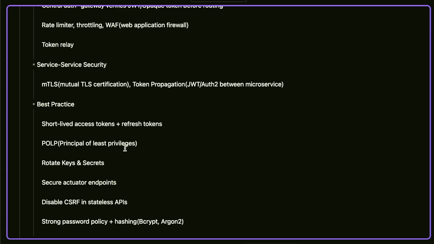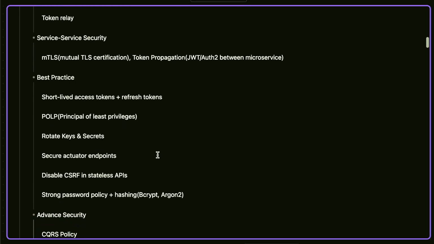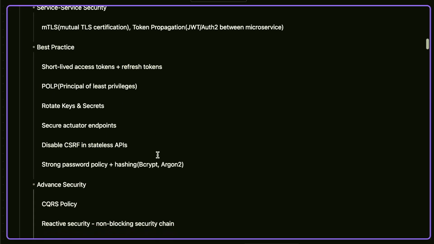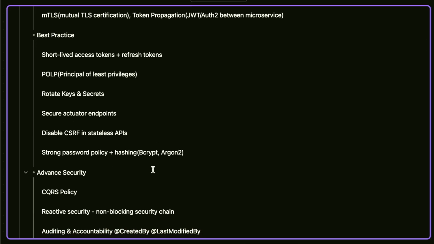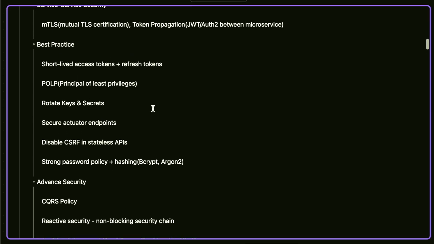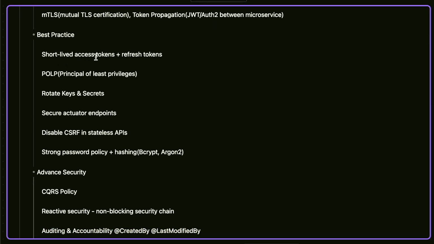token between microservice. Let's look at some of the best practice that we need to keep in mind while creating any Spring Boot application. We have to create short-lived access token with refresh token. We have to follow the principle of least privilege, where we give least privilege to any user. Then we rotate keys and secrets.